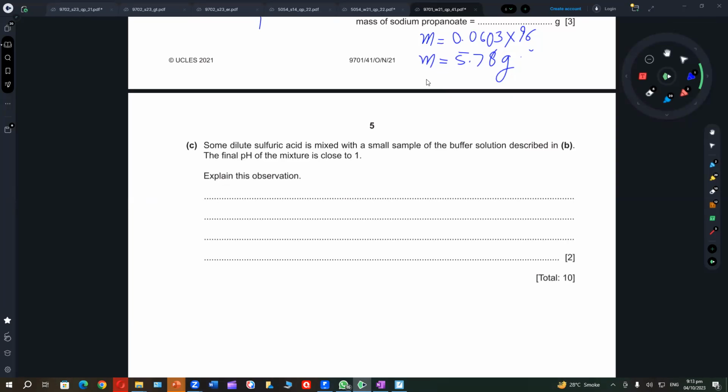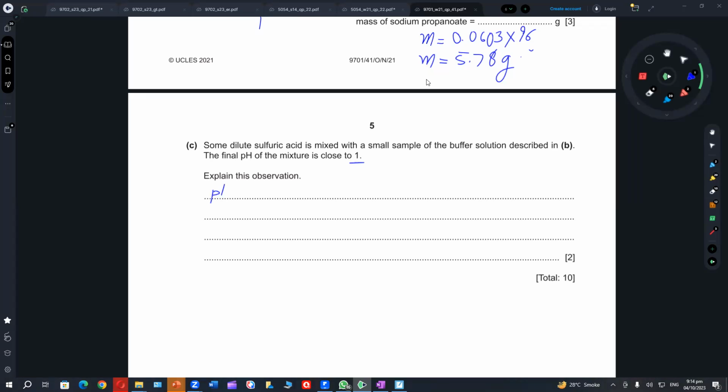Sulfuric acid is a very strong acid. He says pH is coming close to 1.